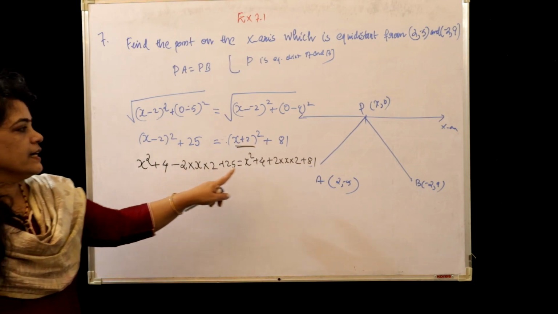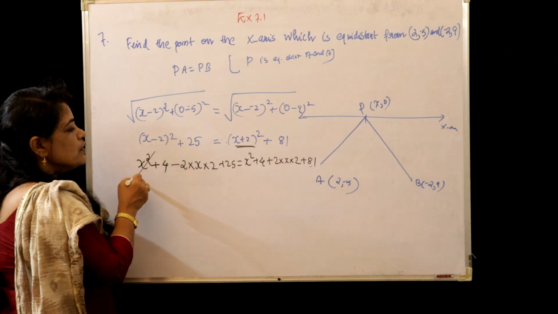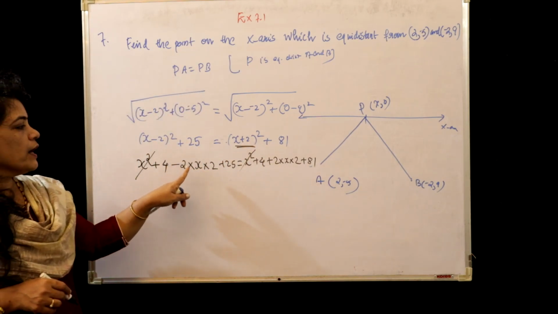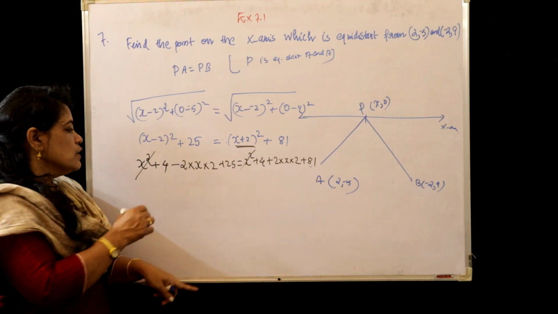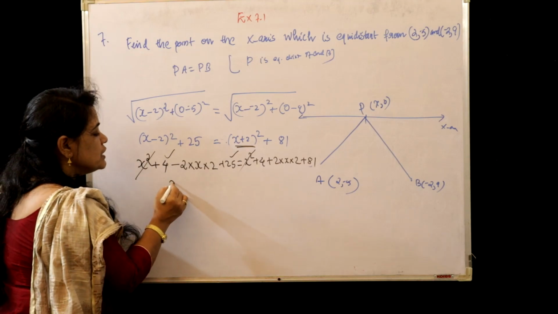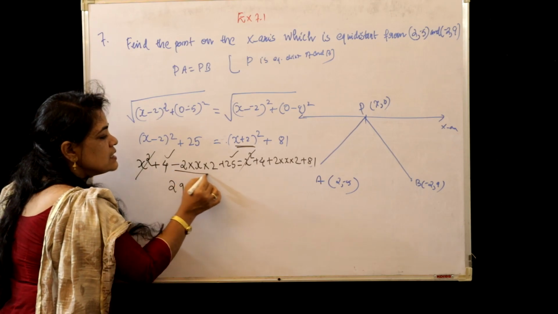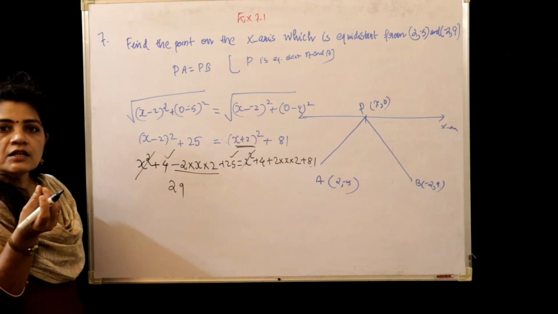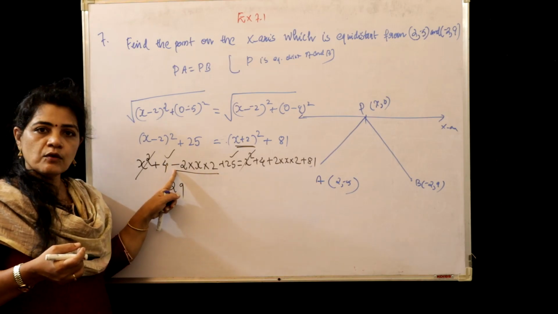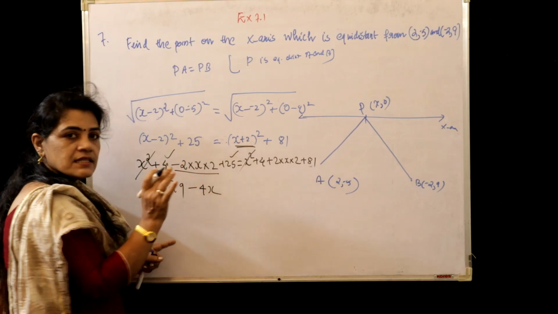Now in both sides x square and x square, when x square comes to this side, it gets cancelled. Now we have the constant 4 and here 25, so 4 and 25 is 29. Here this term can be simplified: 2 into x into 2, 2 2s are 4, so minus 4x.